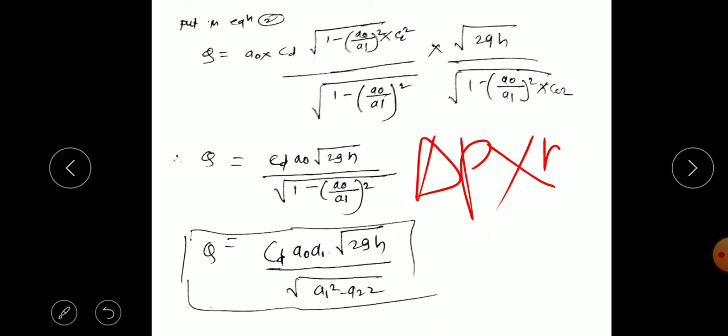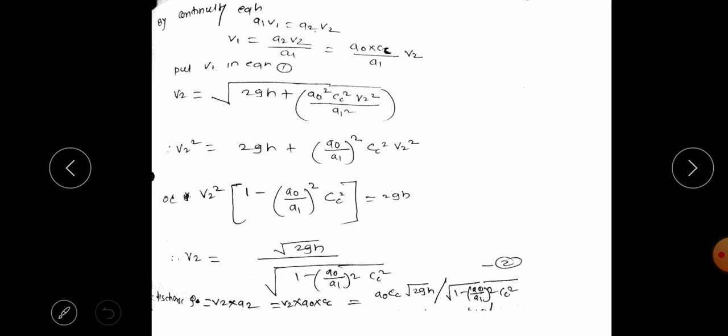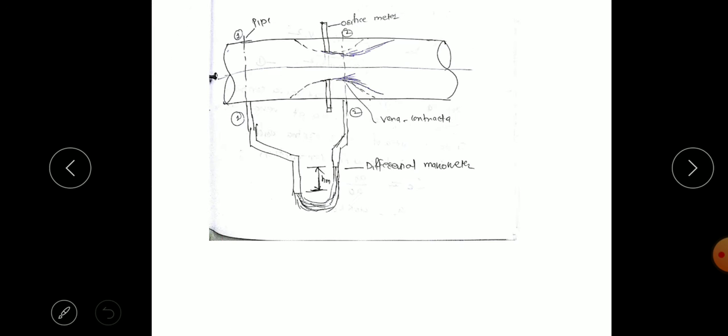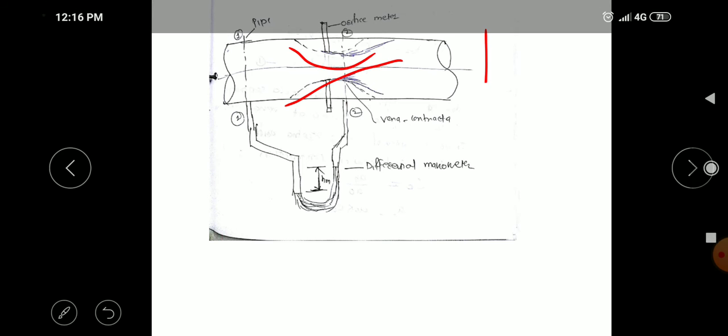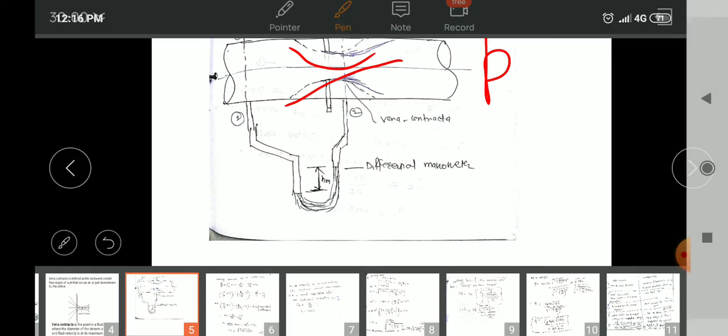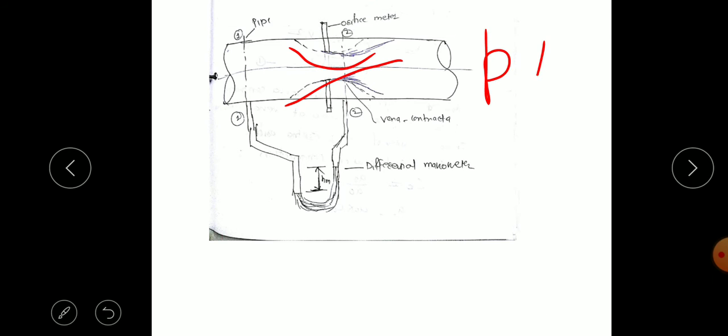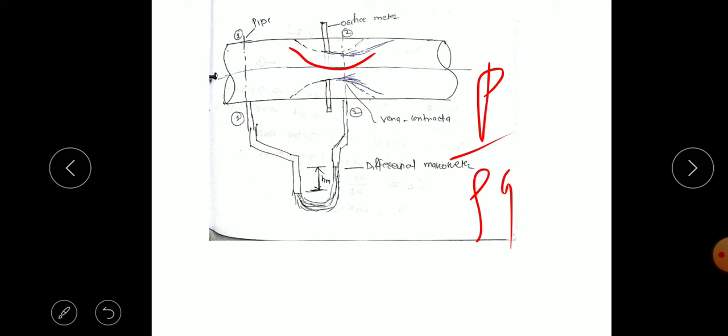So the orifice meter, as we have seen in the diagram, causes a decrease in the diameter of the pipe along the flow. That means some of the pressure energy, some of the pressure head, is converted into velocity.